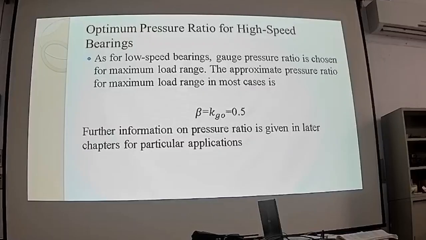所以我们大部分设计上还是会用这个0.5，就是我的油腔压力大概是我的供应压力的一半。For the capillary restrictor, the optimum pressure ratio is equal to 0.7, not really 0.5. Okay.